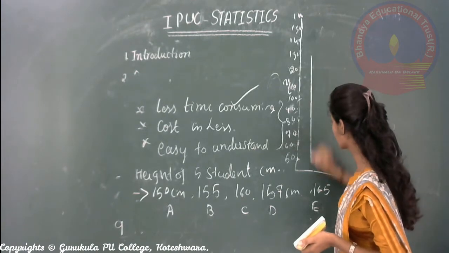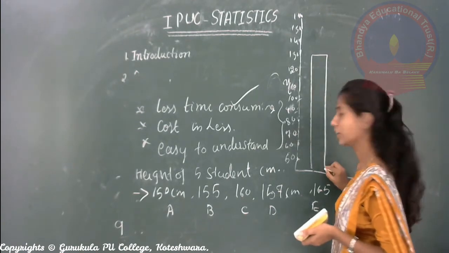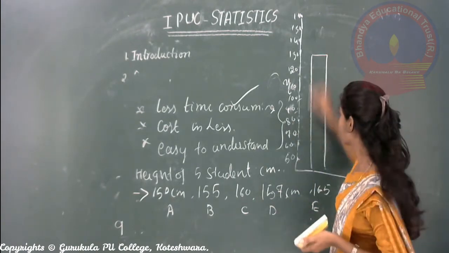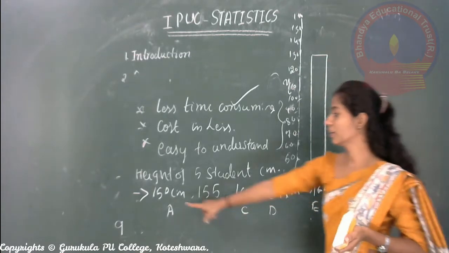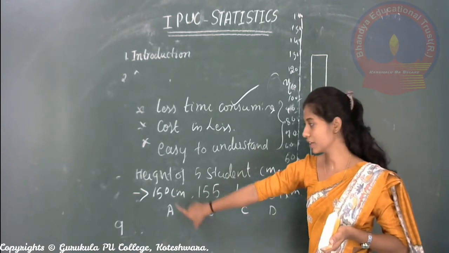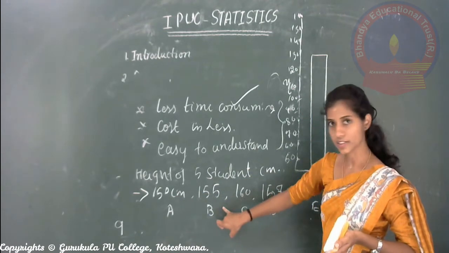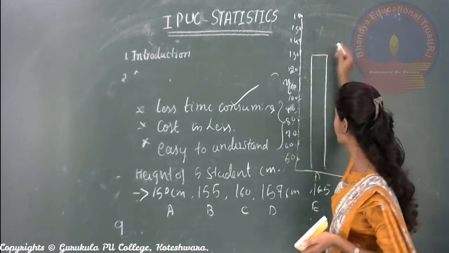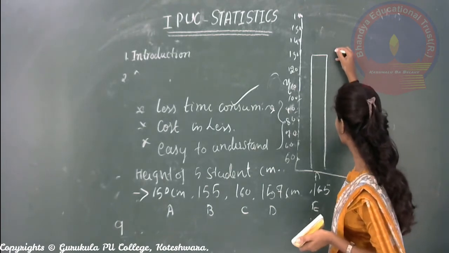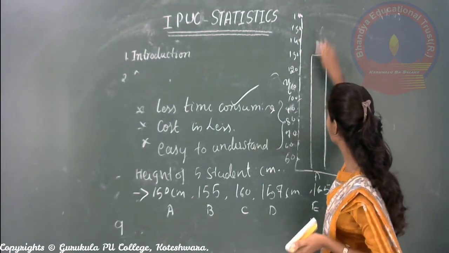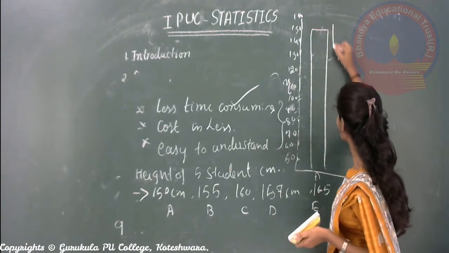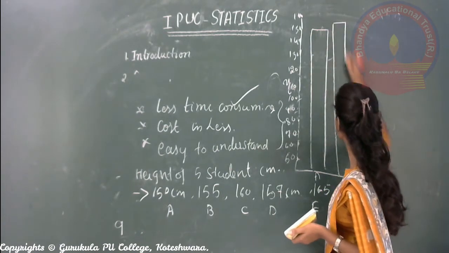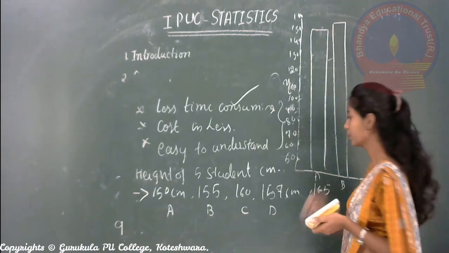I can represent a student's height in a rectangular bar. So this is one student's height, 150. A's height is 150 centimeter. Next is 155, slightly varying. It shows the variations. This is student B's height.